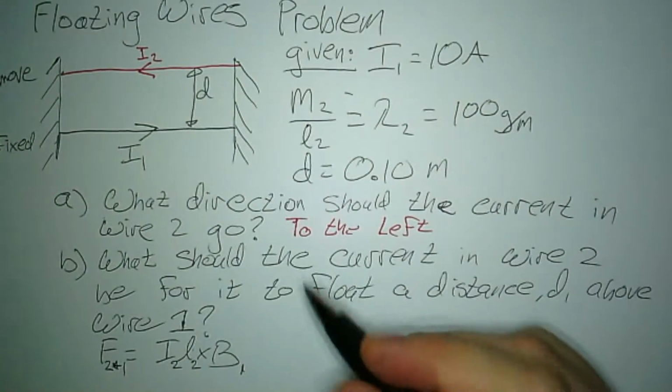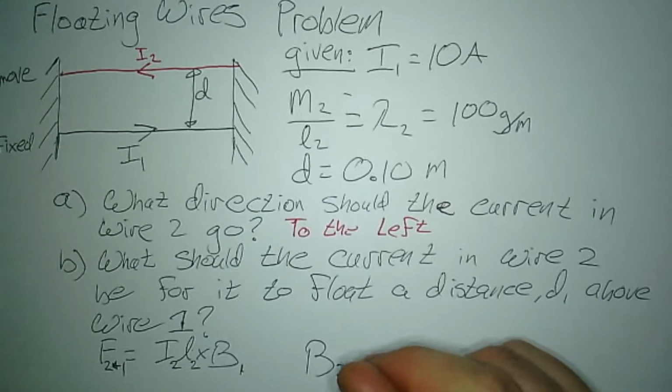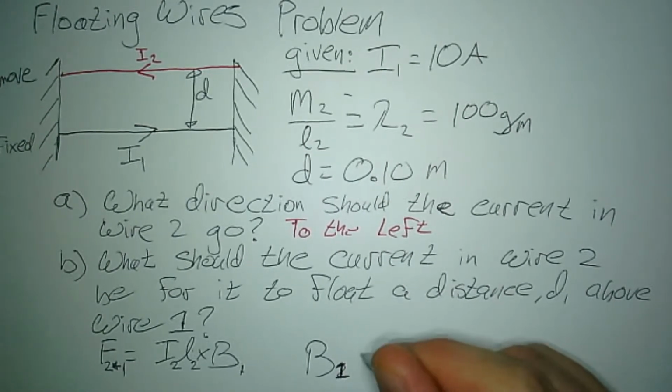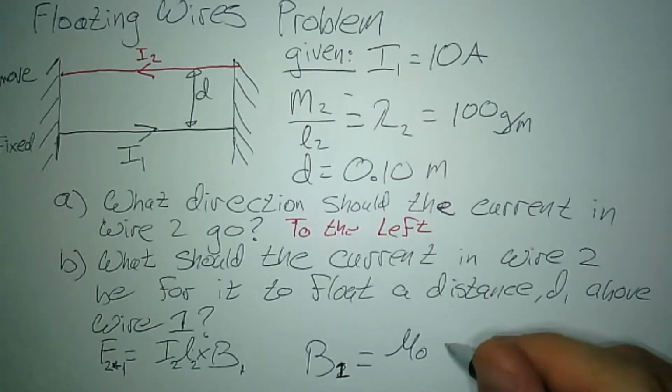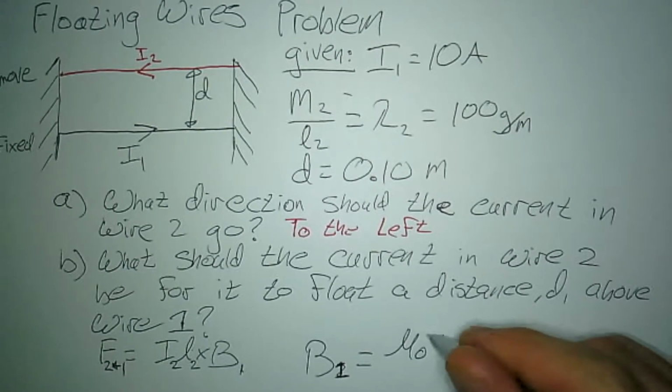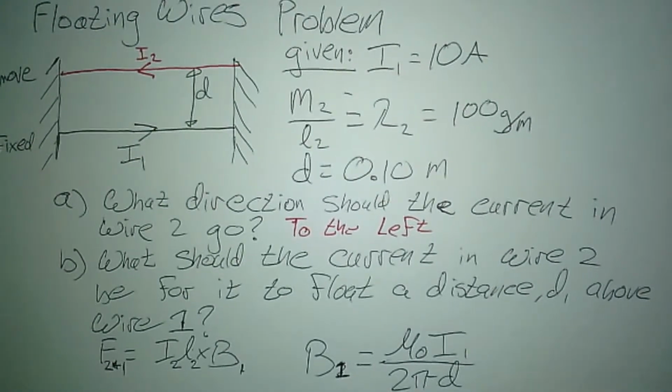So now the magnetic field generated by a wire, we can use the equation, magnetic field, we want it from 1, not from 2, is going to be mu naught, which is the permeability of free space, times I1 over 2 pi d, right?